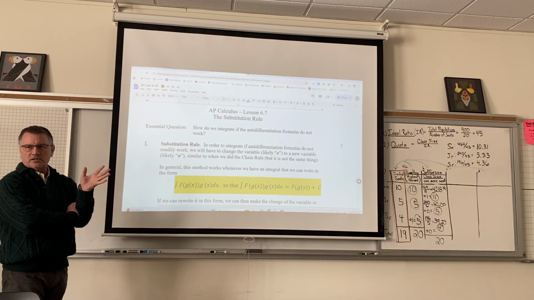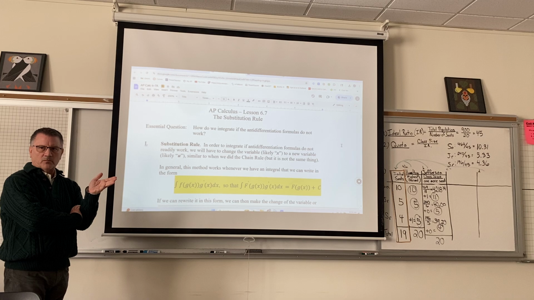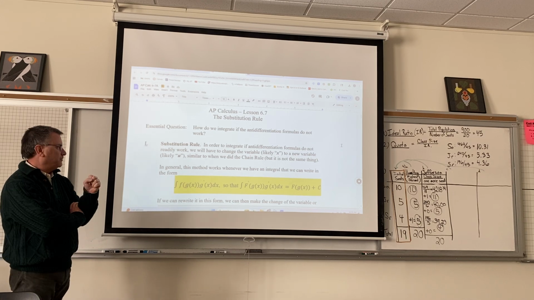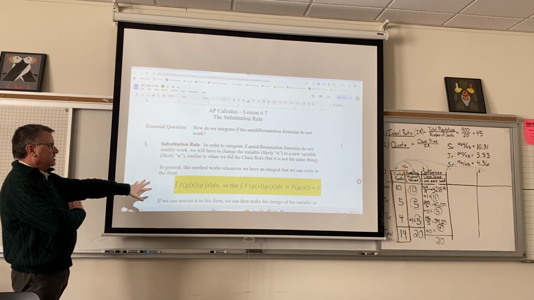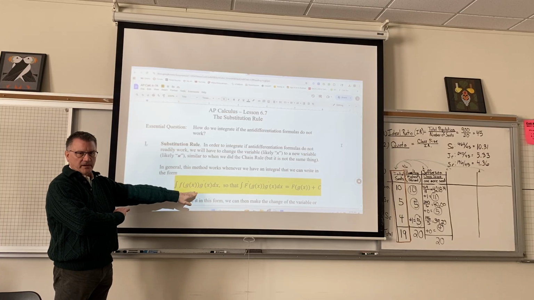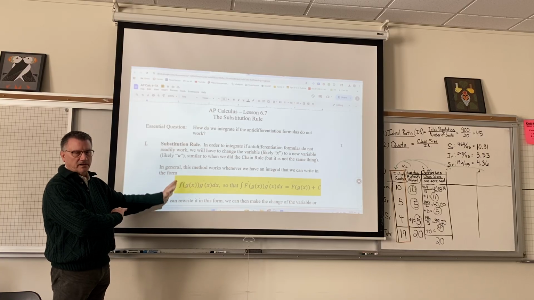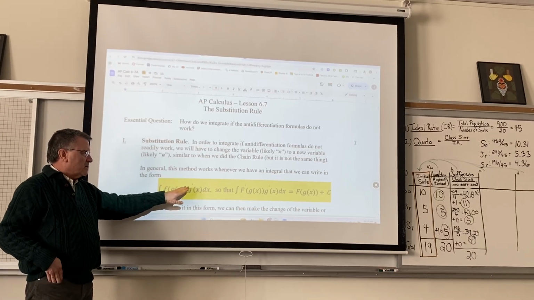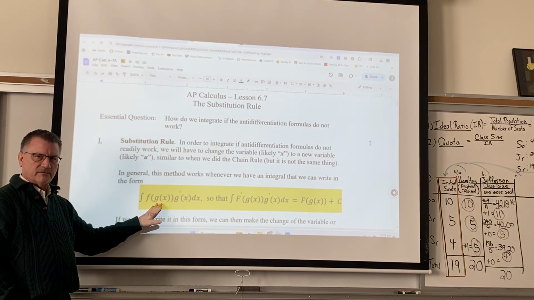So we did sort of a u substitution in the chain rule, right? And then we got to a point where we didn't have to do that anymore because I was able to see the inside function. So, again, this is going to look confusing. This method works when we have an integral that can be written in this form: the integral of f of something, and then for some reason I see the derivative, or some form of the derivative, of what this thing is.